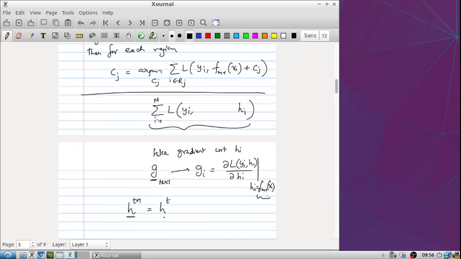That's how I define it: if hi is f m minus 1 of xi, then hj is f m minus 1 of xj, just making a vector of n of them. I'll call it h t minus, just like previously I had an eta, something like 0.01, let's say, times the gradient.